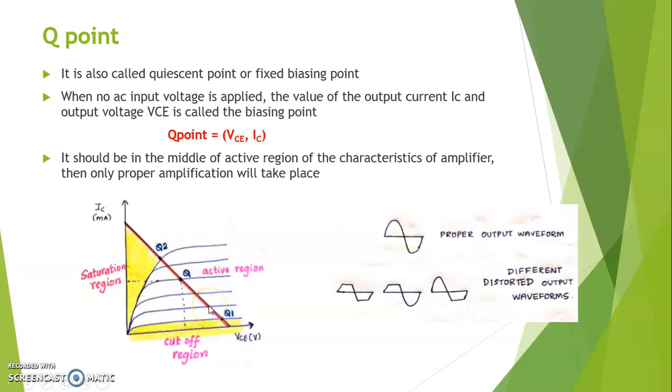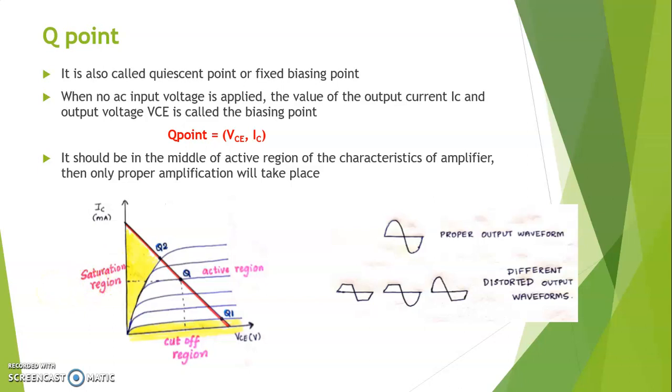Now imagine in an amplifier circuit, we are not applying any AC input. So when an AC input is not applied, the graph would be only a straight red line, which is shown by the 3 Q points. Otherwise, when an AC input is also applied, then the graph would be these lines shown in blue color.